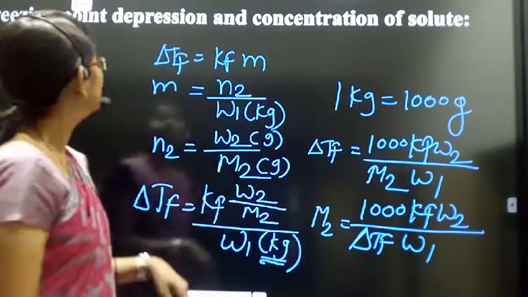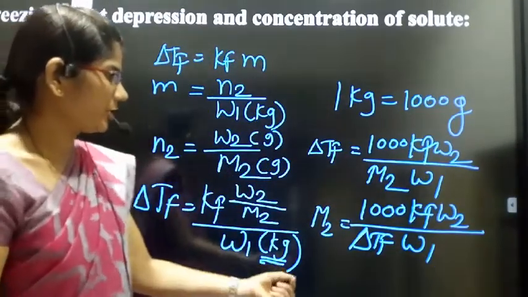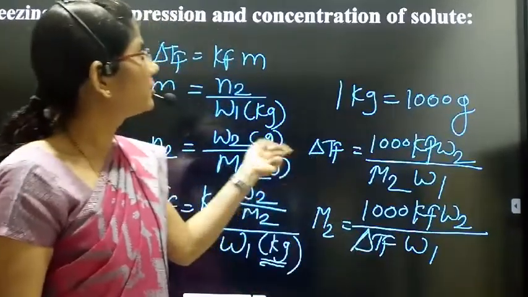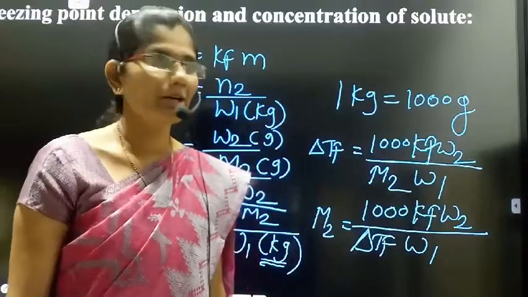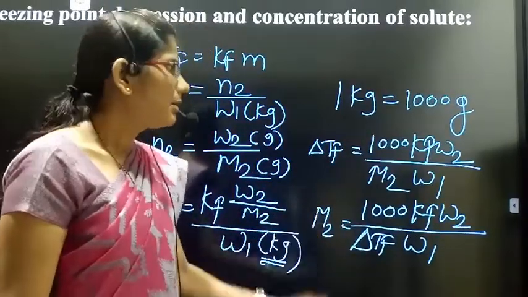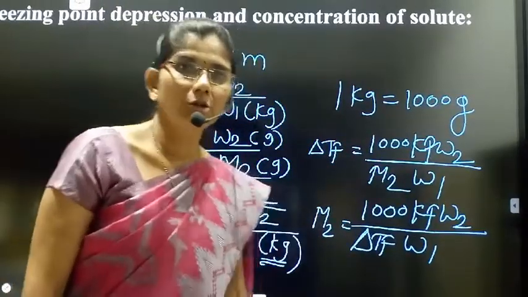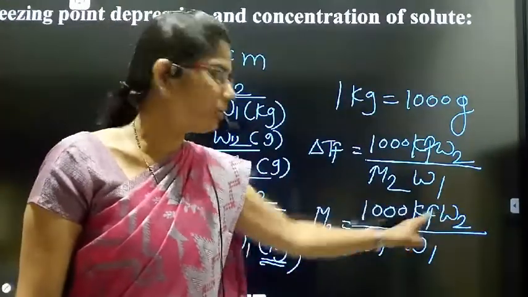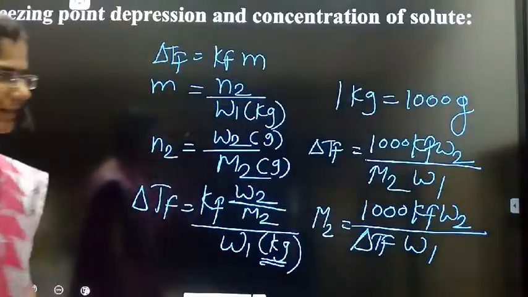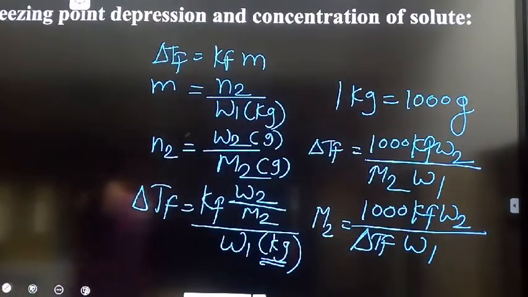So from the freezing point depression, we have to calculate the molar mass of the solute, as M2 which is equal to 1000 Kf W2 divided by delta Tf W1.